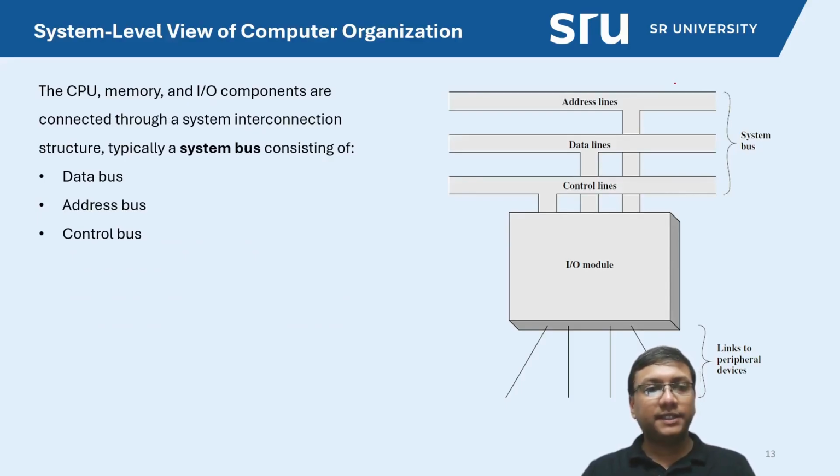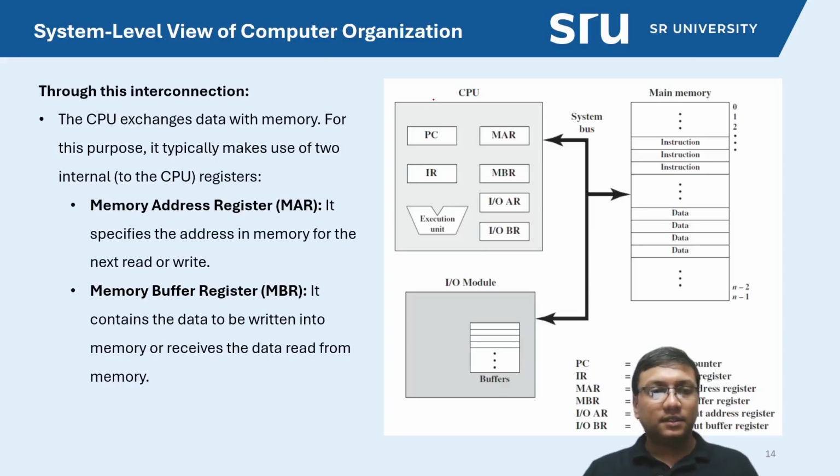So already we have discussed this system level view of computer organization. Now in the system level view, what are the different types of registers? First is memory address register or MAR. It specifies the address in memory where the next read or write will take place.